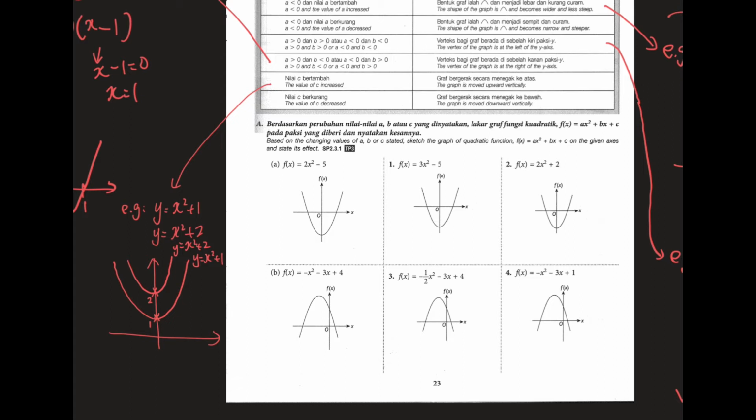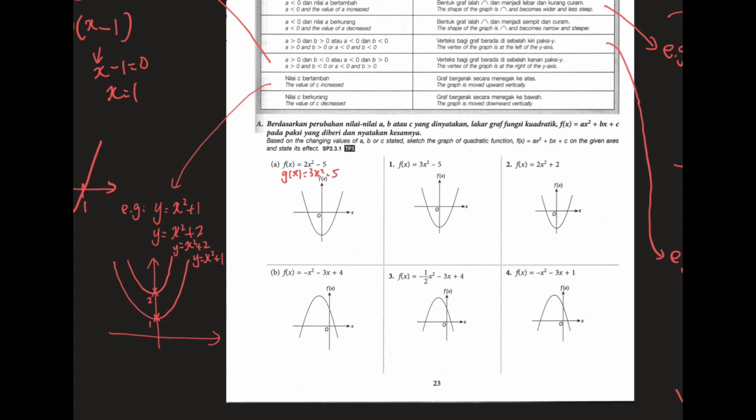I create a quadratic function here. Let's say I change it to 3x squared minus 5. So if they give two quadratic functions, this question makes sense.